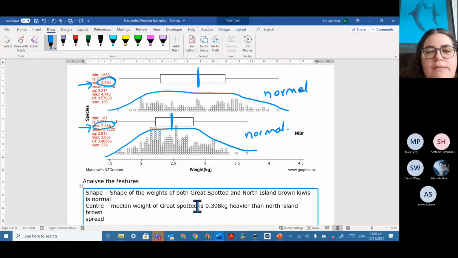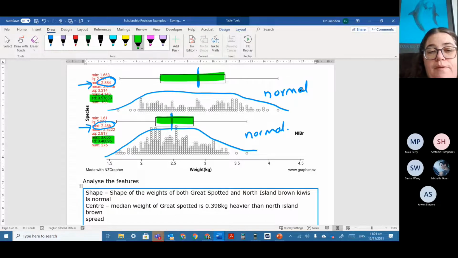Okay, and spread. If I want to compare, I could quite happily compare my standard deviations for these ones, or I could compare the interquartile range because it's roughly normal. So I could actually do both, and even with the mean compared to the median, we could accept both of those, mean or median, because it's normally distributed. So which one is more spread out, Great Spotted or North Island Brown? Great spotted. Awesome.